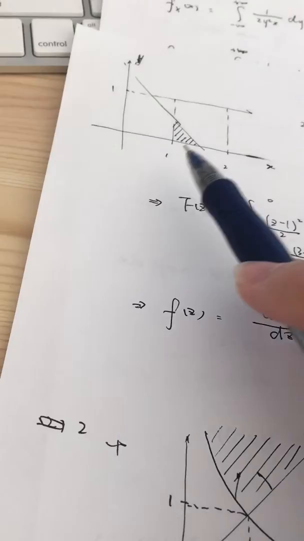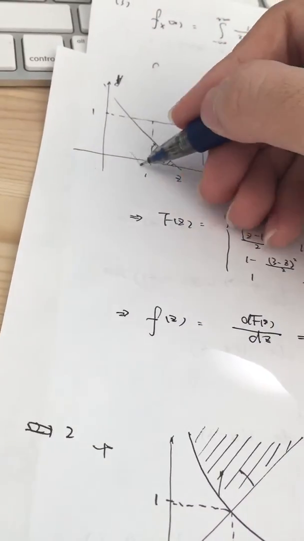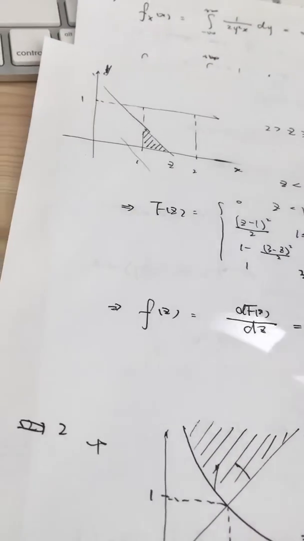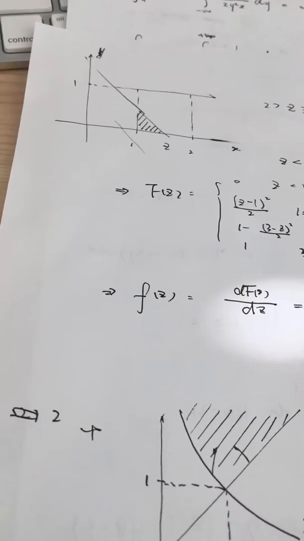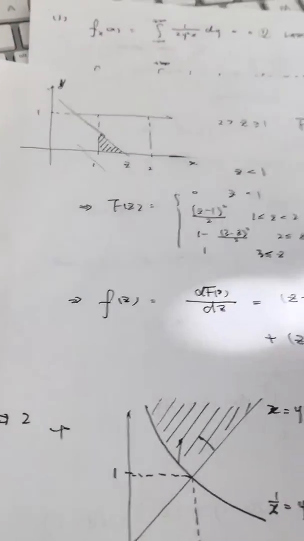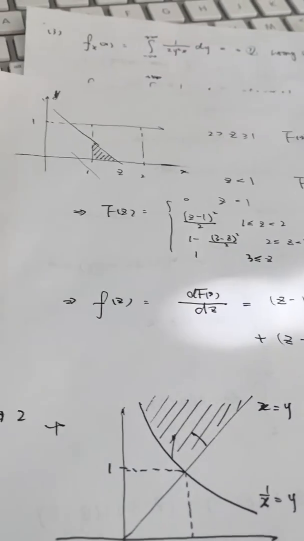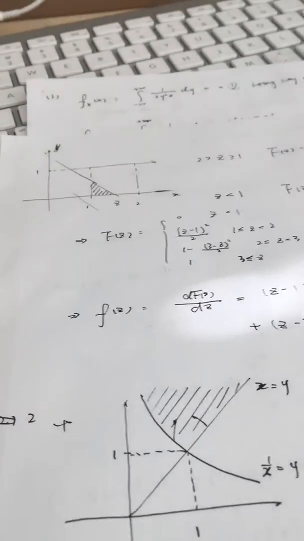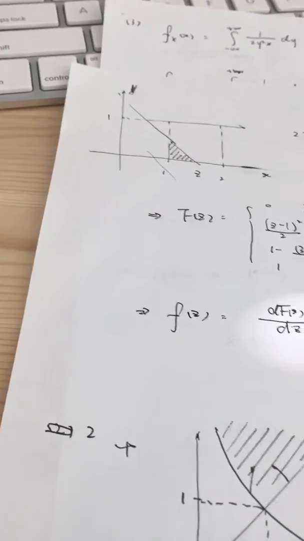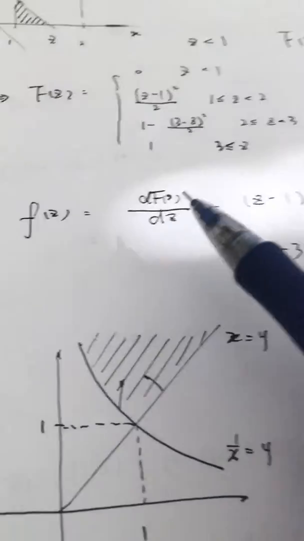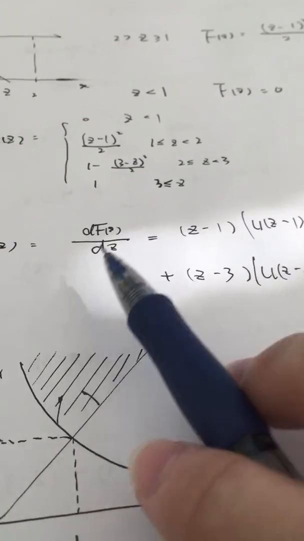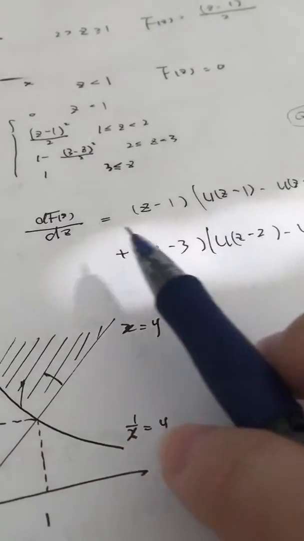When Z is less than 1, the line has no intersection with the shaded area, so the uppercase F_Z equals 0. We can write these in interval form for the uppercase F_Z, then differentiate to compute f_Z.